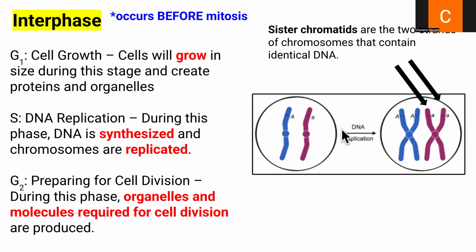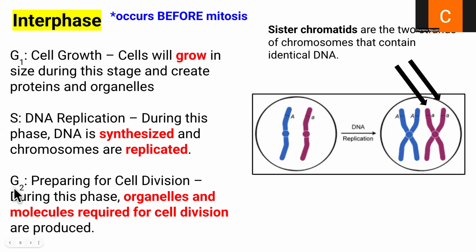During interphase, they are replicated. So you make a copy of this. So now we have two identical strands that make up a chromosome. So these two identical strands that contain identical DNA, because you essentially made a copy, are called sister chromatids.